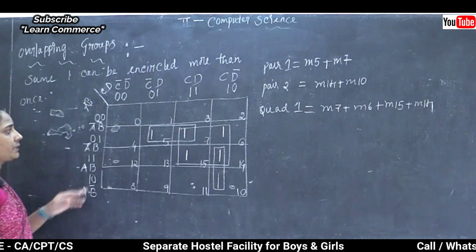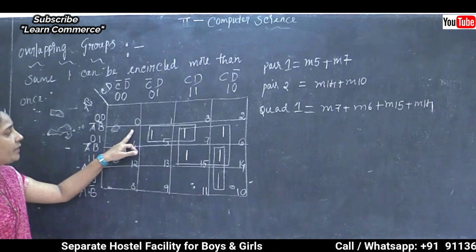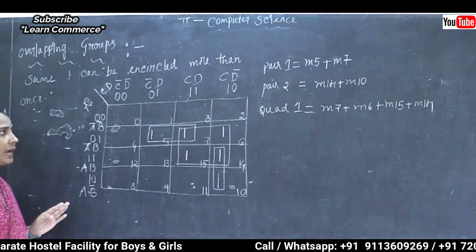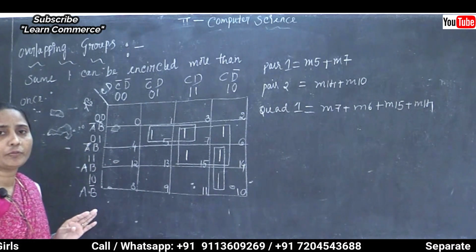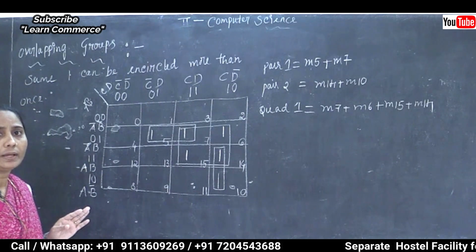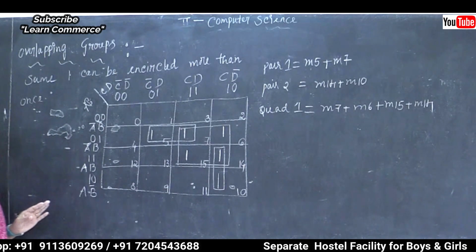Now the numbering scheme, we know that 0, 1, 3, 2, 4, 5, 7, 6, 12, 13, 15, 14, 8, 9, 11, 10. So these are all the numbering schemes.